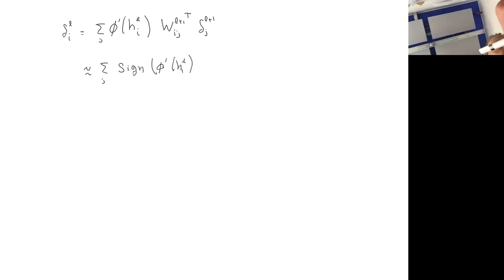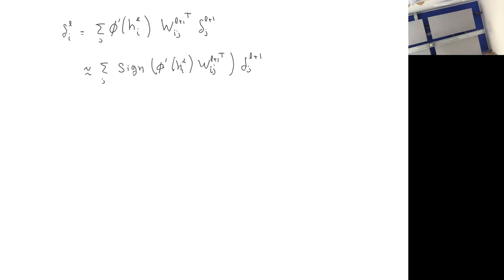So we can think of this as, suppose instead of using this, I approximated this by the sum on J of the sign of phi prime of H I L W I J L plus 1 transpose delta J L plus 1.